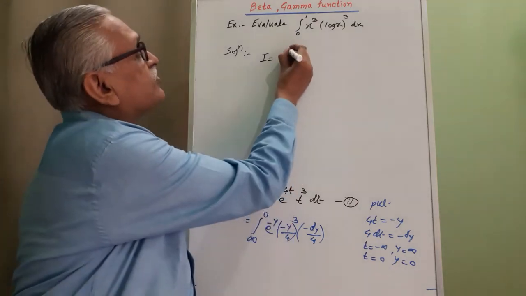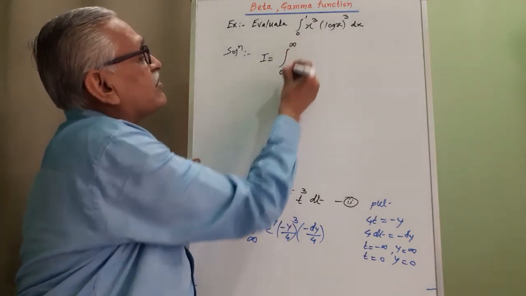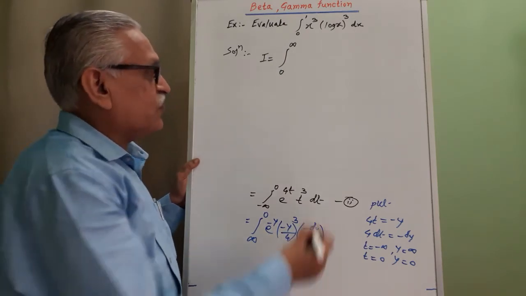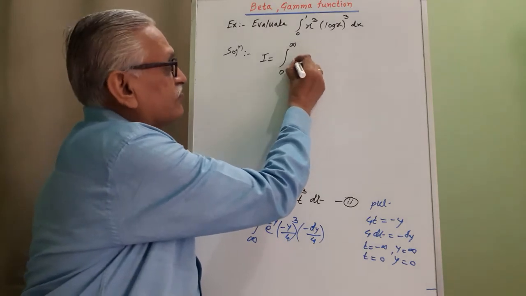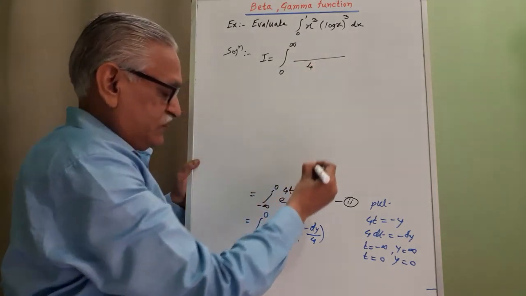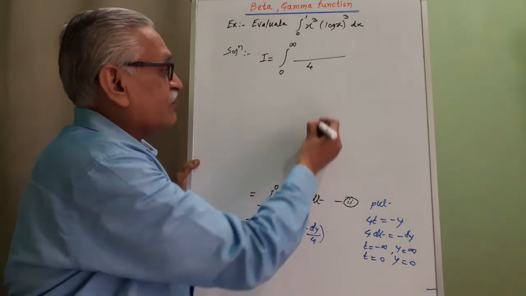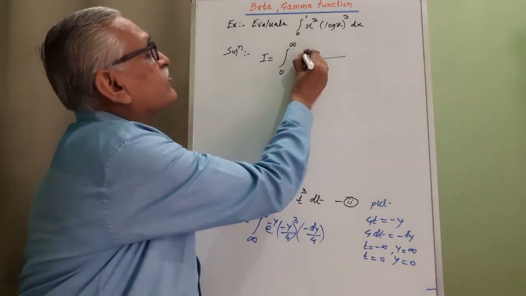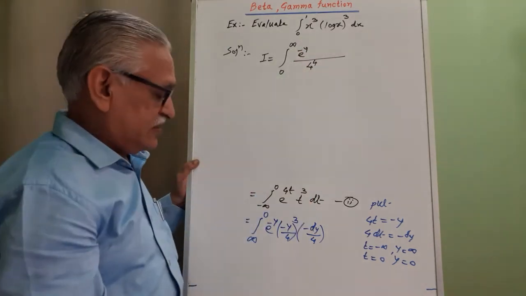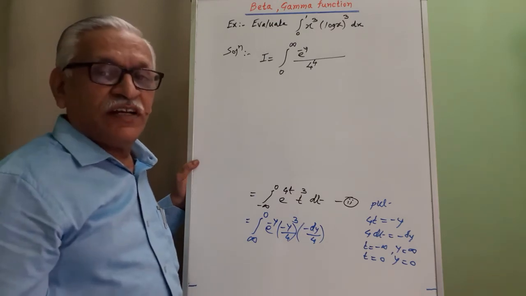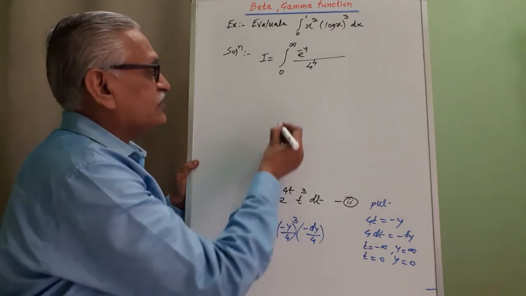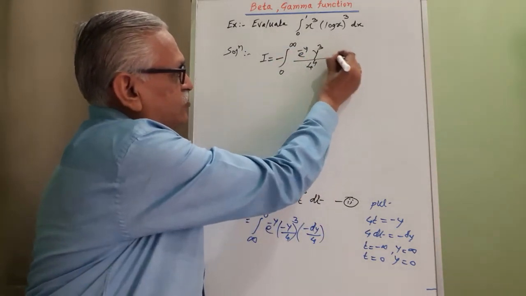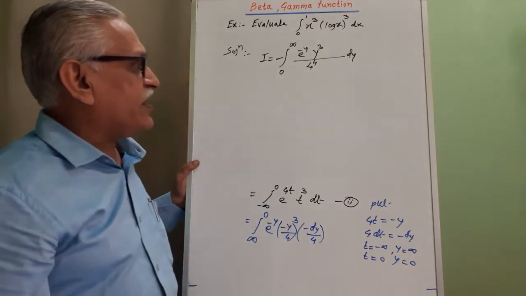Therefore the limits become 0 to infinity. It is 4 cube and this 4 raised to 1, which becomes 4 raised to 4, e raised to minus y, and minus 1 cube into y cube. The value of minus 1 cube is a minus sign, therefore it is minus y cube, and then its integration with respect to y.